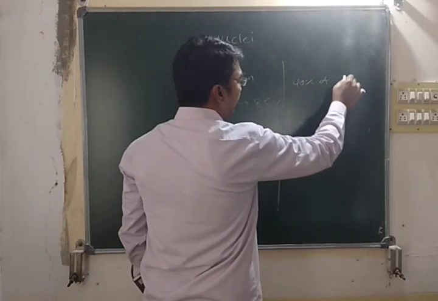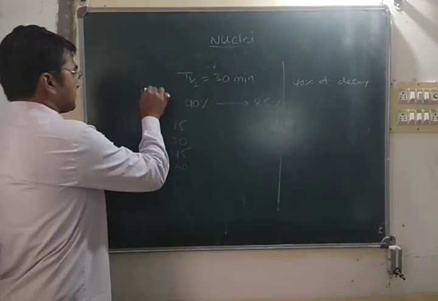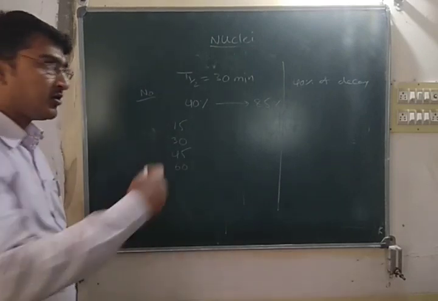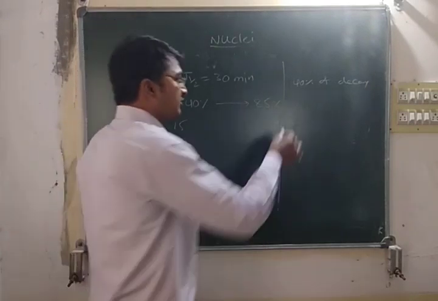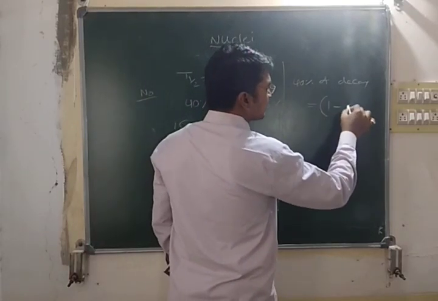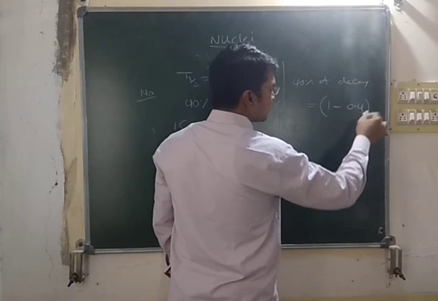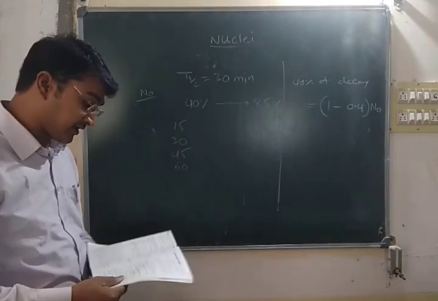40% of decay. Let us assume the total value is N naught. From 100% you have to remove 40%, so you can take 1 minus 0.4 into N naught. This is the fractional method.